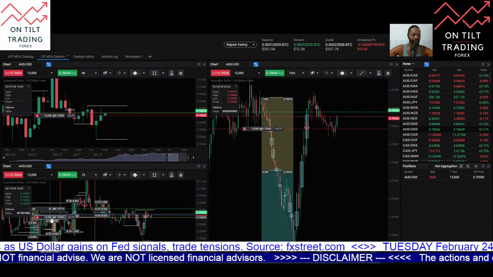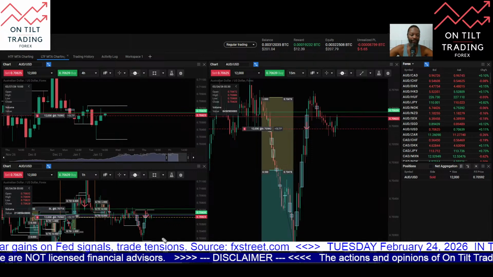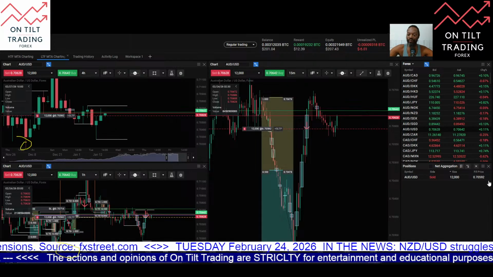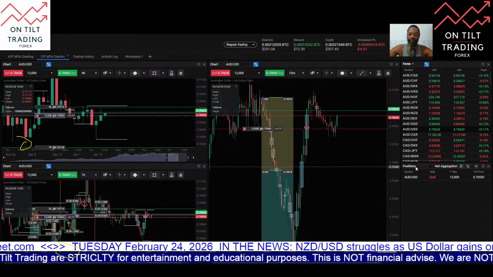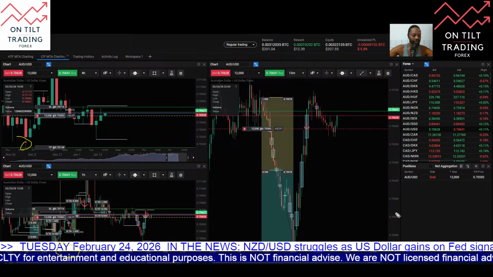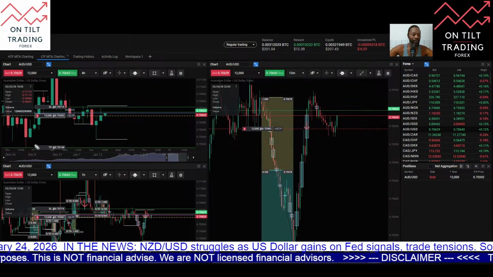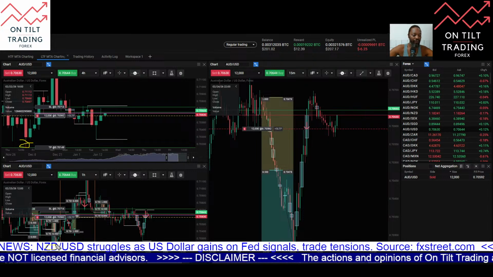I've got this swing low down here targeted, and coming up to the 4-hour, it's right there on the 4-hour. So this is where I'm targeting, this level here, 0.70149.